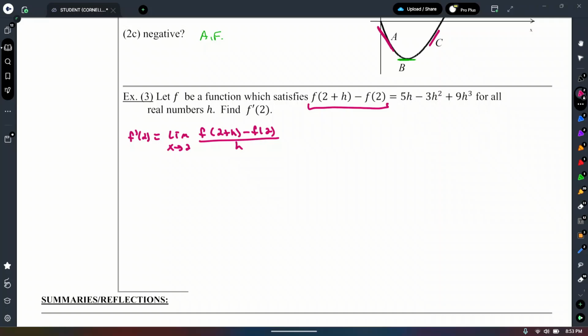Now maybe the sticky part at this point is what are you going to do with the rest of this? But remember, they're telling us that this is equal to this, so we can just do that substitution. So this becomes the limit, and here we've got our 5h minus 3h squared plus 9h cubed all over h.